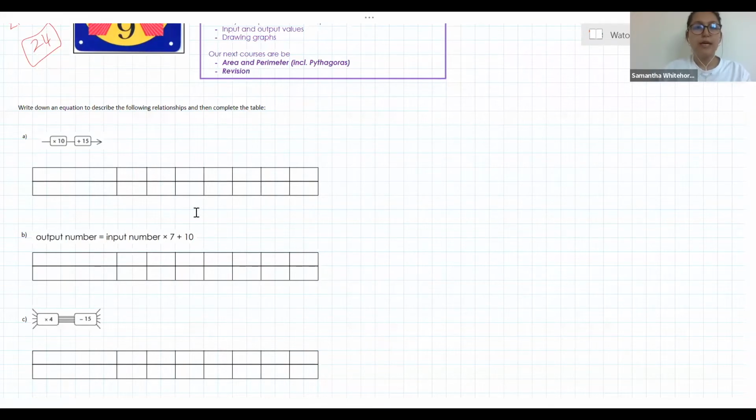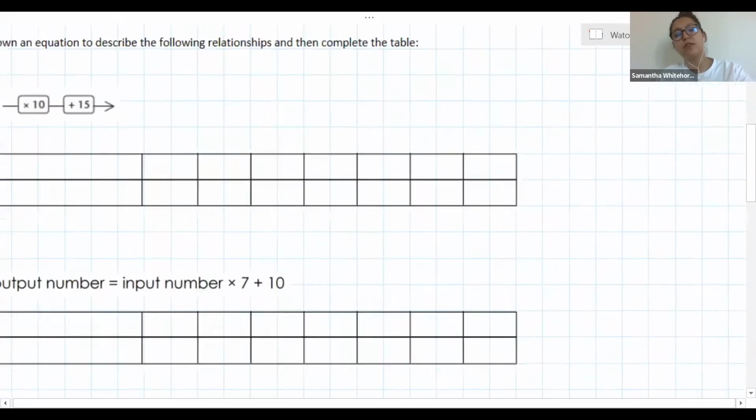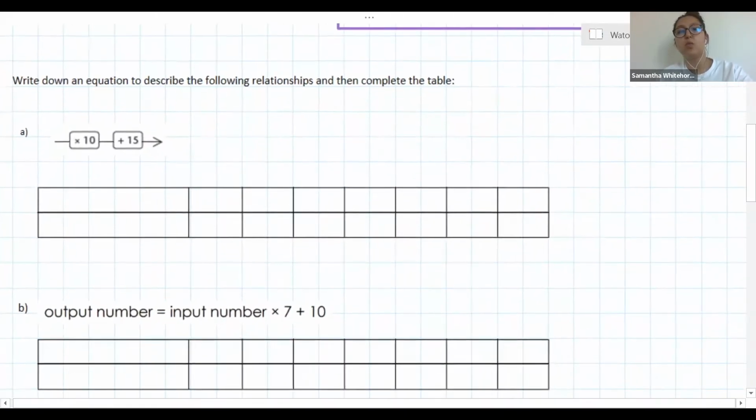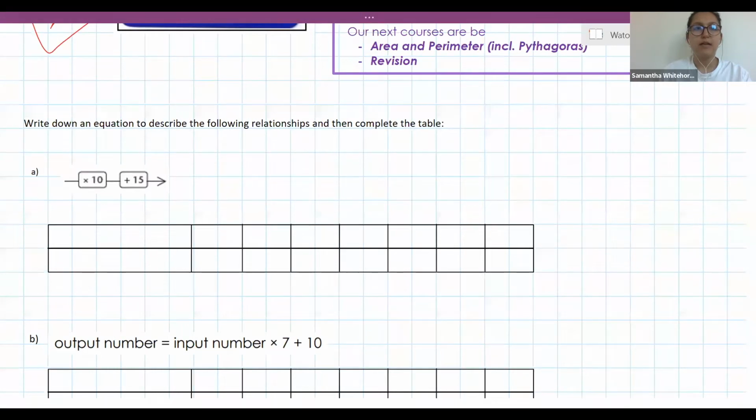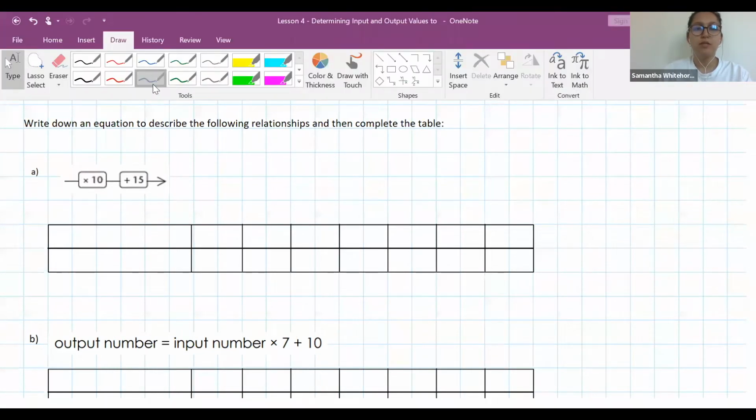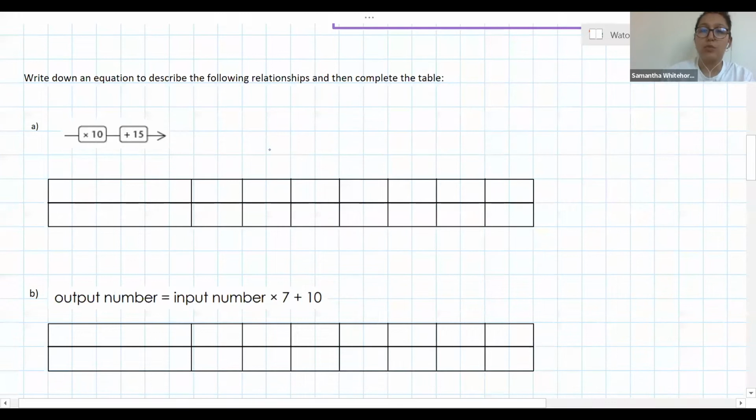Okay, if we have a look at what we have going on here, we have a flow diagram in question A, and we know that this is one of the ways that we can represent a relationship between variables. As a reminder, we have two important values that we work with when working with graphs or functions. We have an input value, which we often represent as x.